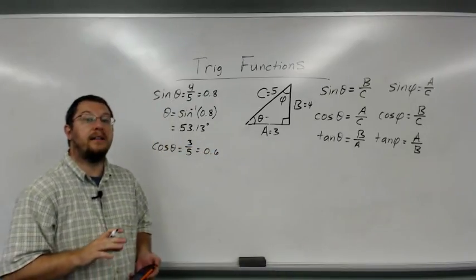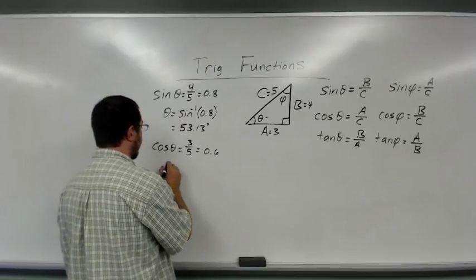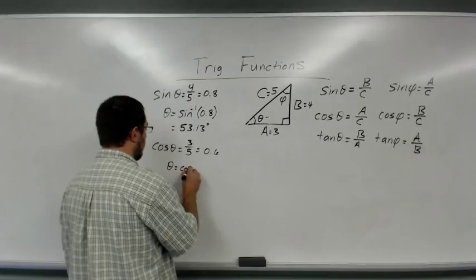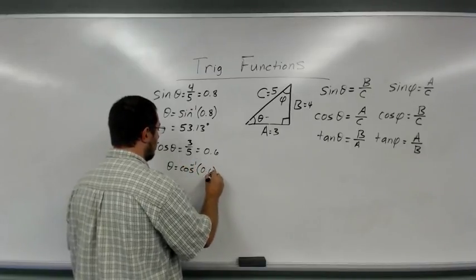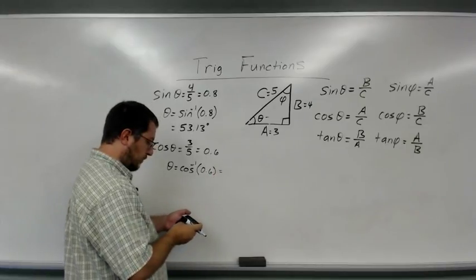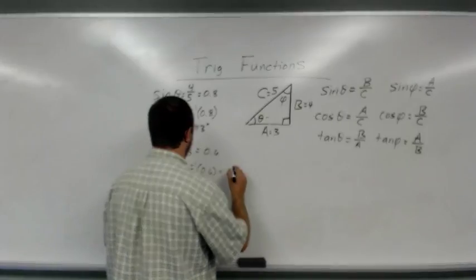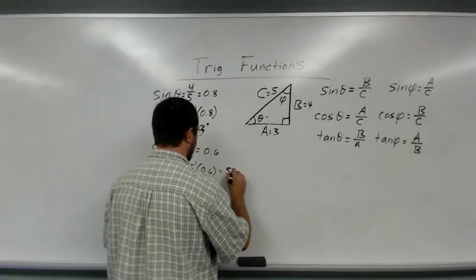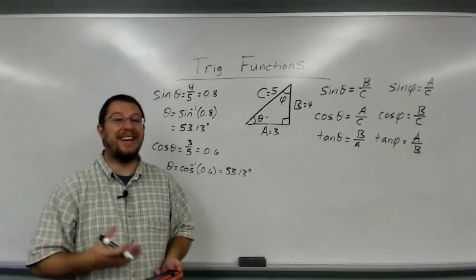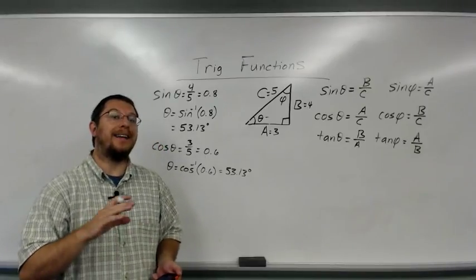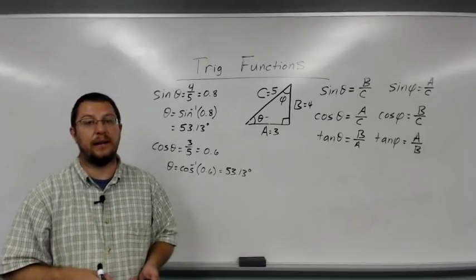So to find the angle theta using the cosine function, applying the inverse cosine to both sides, if I take 0.6 and take inverse cosine, I indeed get 53.13 degrees, as I should. The angle theta is just an angle. I can use the different trigonometric functions to find it, and they should all give me the same value.